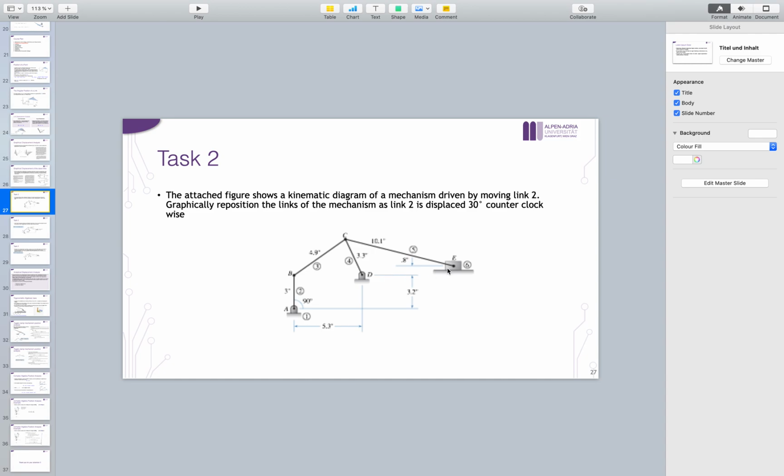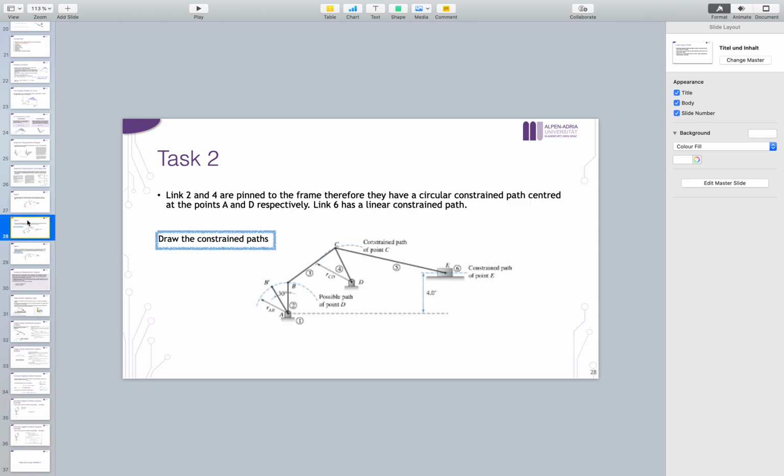And mainly we are interested in point E, the linear displacement of point E along this axis. So we want to see the distance that this point E would move along this axis. Now, all the dimensions of this mechanism are known.